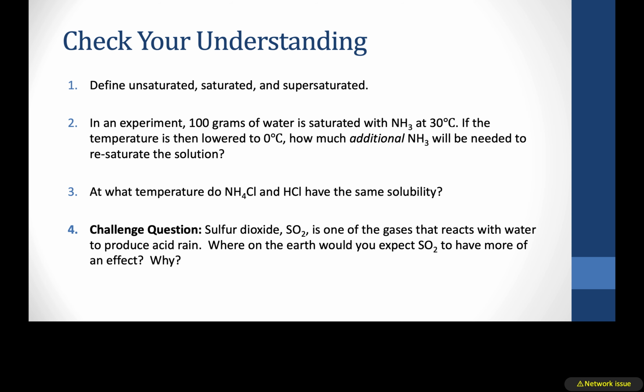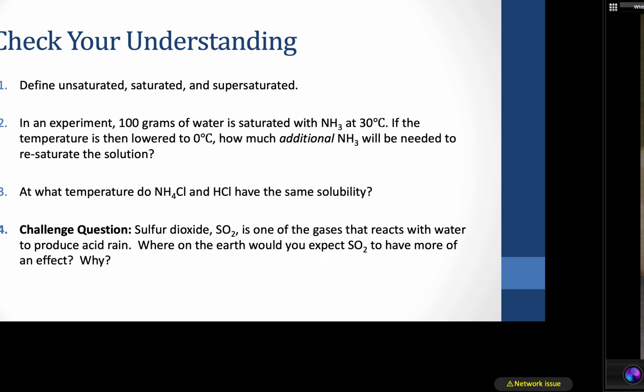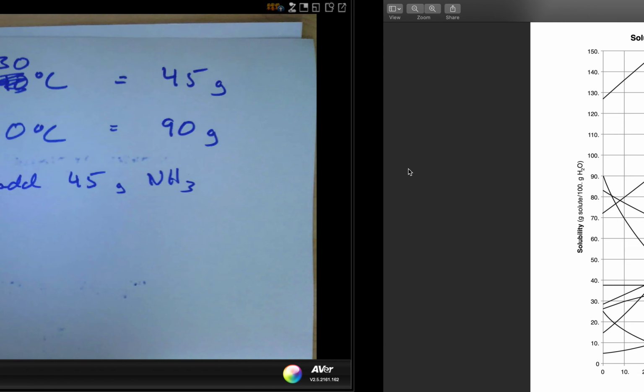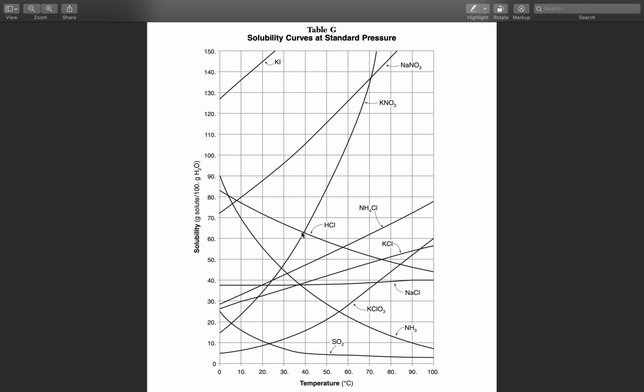At what temperature, number 3, do NH4Cl, ammonium chloride, and HCl, hydrochloric acid, have the same solubility? All right, so I think I'm going to look for where those two lines cross, probably, right? So NH4Cl and, oh, look at that, right there, right next to each other. Same solubility, yeah, so they have a solubility of like 56 grams in 100 grams of water at, call it 58 degrees Celsius, right?